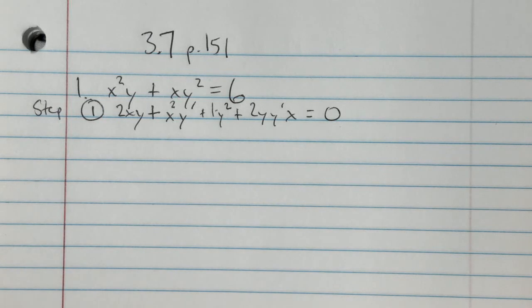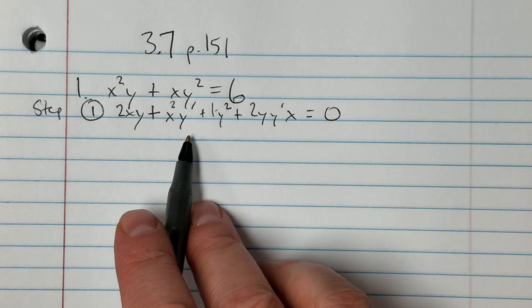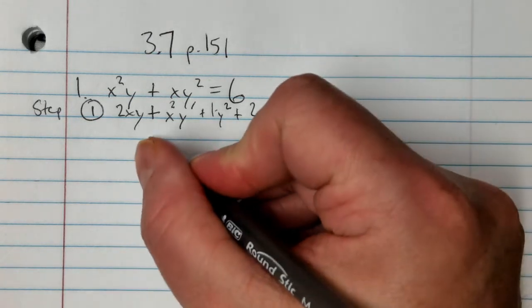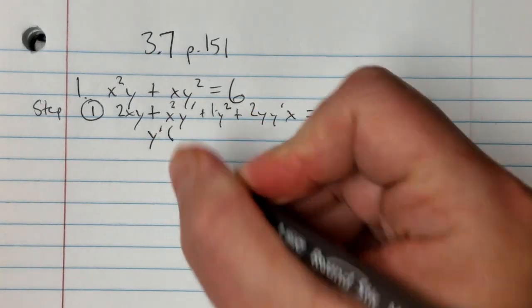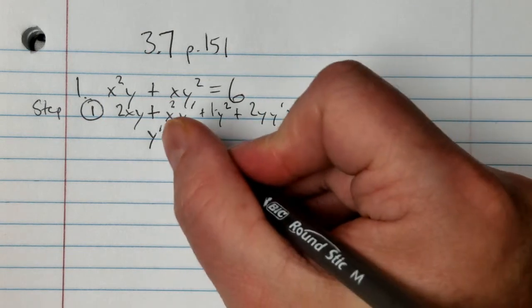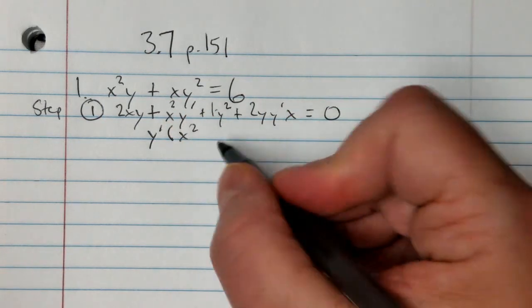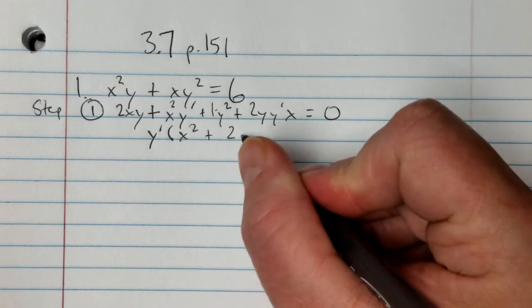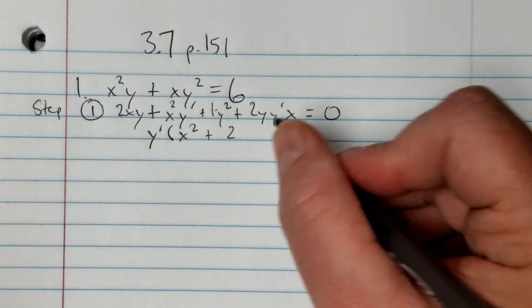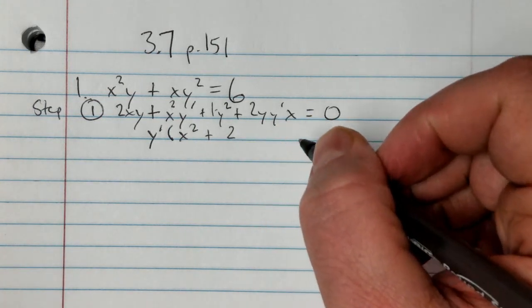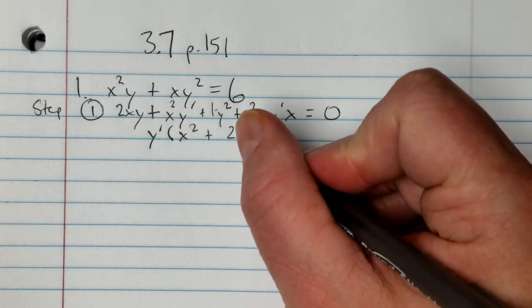So our next step is going to be keep all the y prime terms on the left. So y prime, and I'm factoring that out, we get x squared plus 2xy.